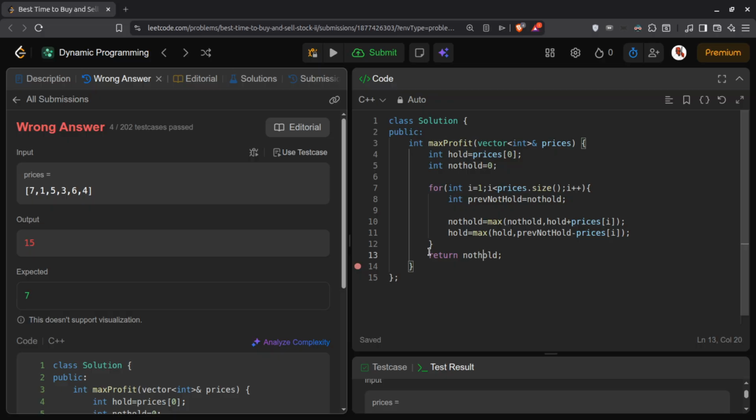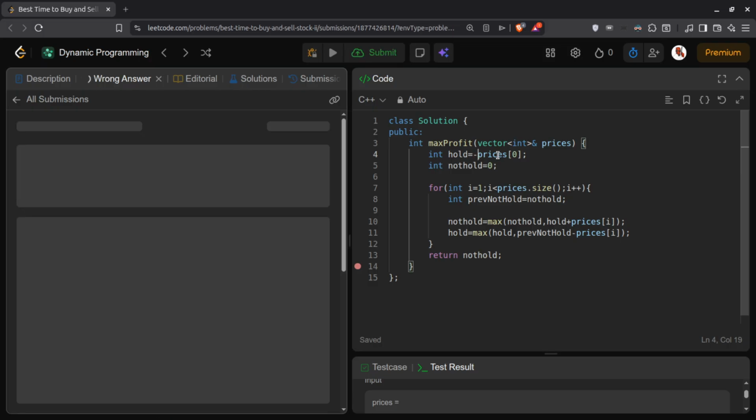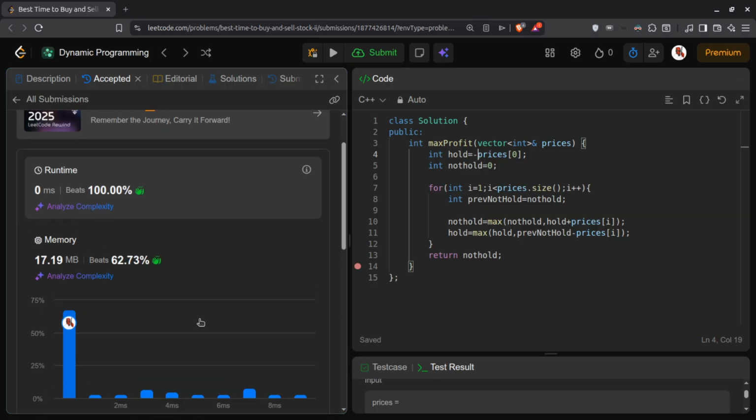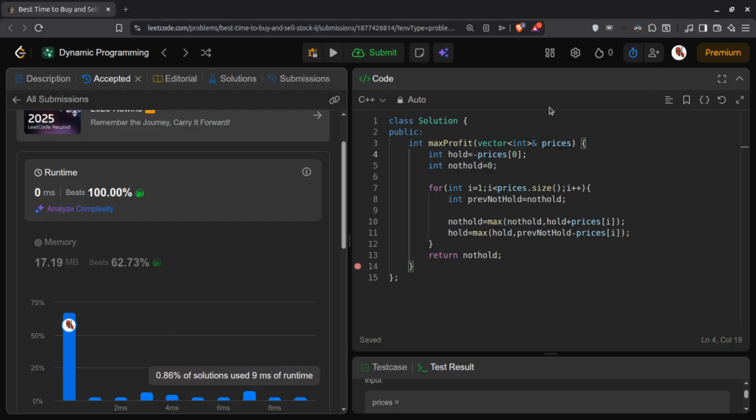Prices minus hold. Okay, yeah. So the code is working and beats 62% of the people. So yeah, the code is fine.